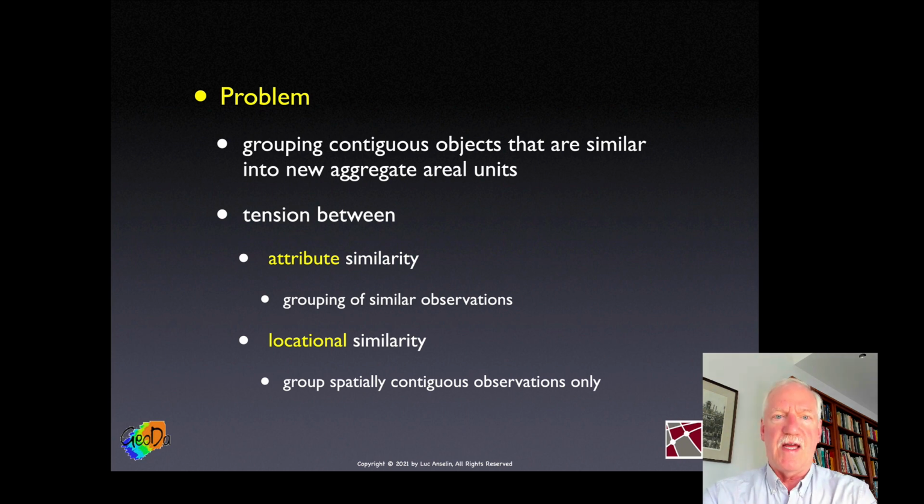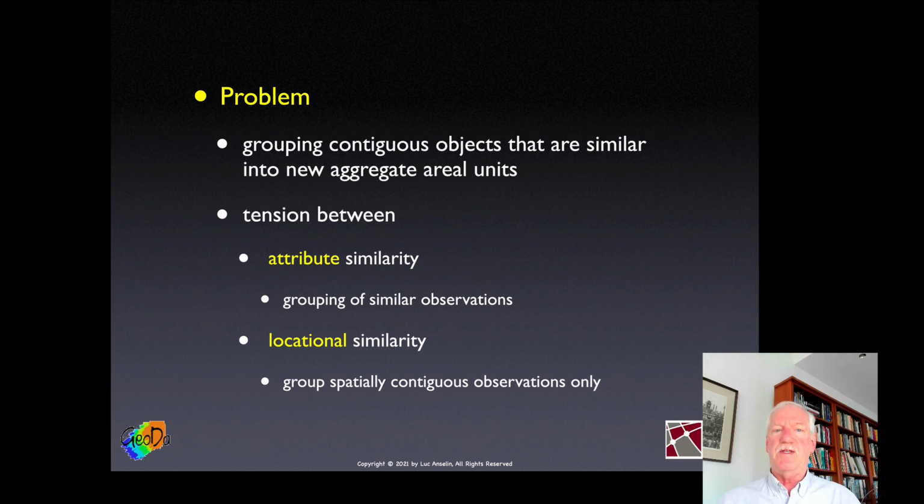Okay, what is the problem? The problem is that in spatial clustering, we want to group objects that are actually contiguous, that border each other. So we want to create new spatial aggregate areal units and make sure that the units that we combine are actually together spatially.